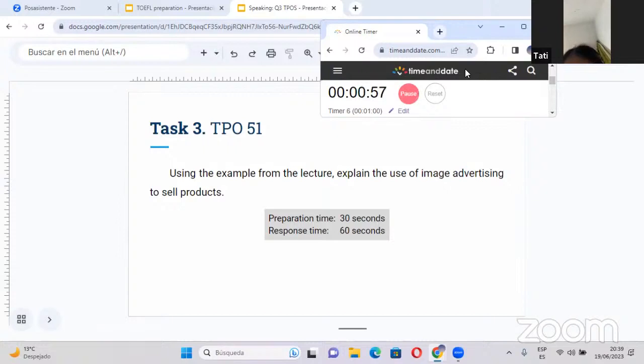Image advertisement is defined as any visual figure or representation that will link the company product in the consumer's mind.